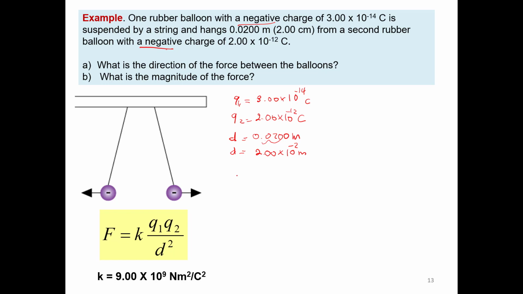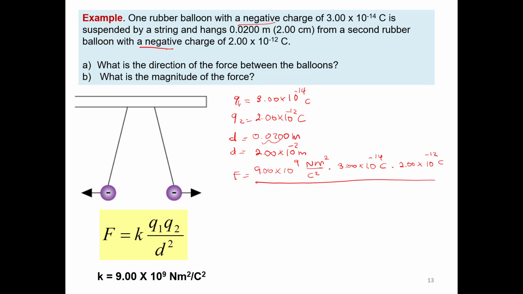Then the force equals the K value, which is 9.00 times 10 to the power 9 newton meters squared per coulomb squared, times the charge 1, 3.00 times 10 to the power negative 14 coulomb, times the second charge, 2.00 times 10 to the power minus 12 coulomb.